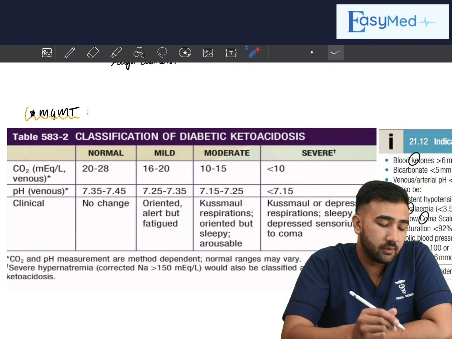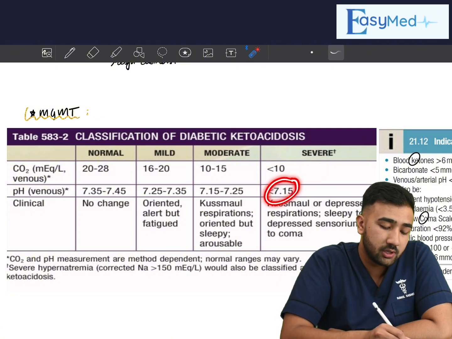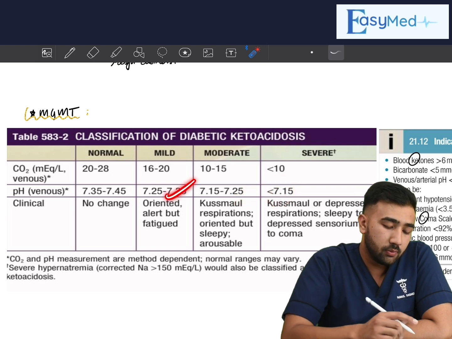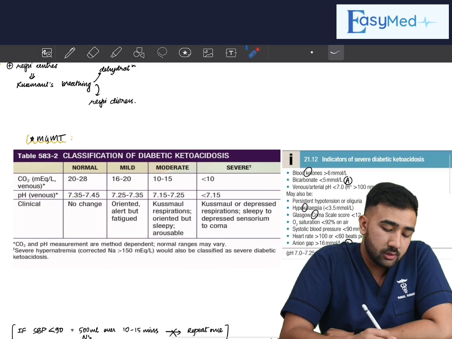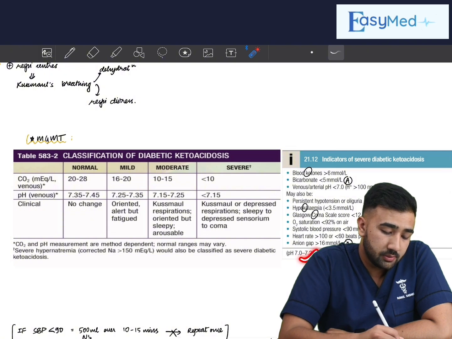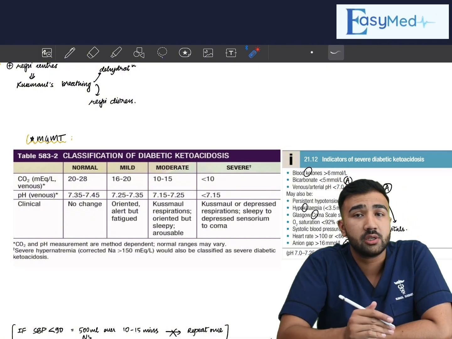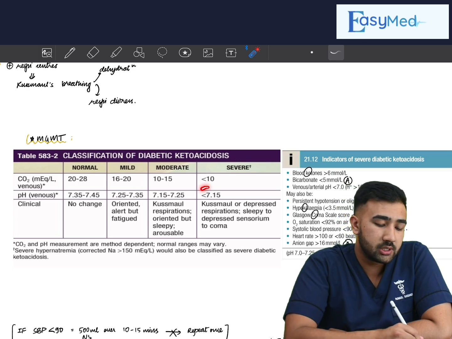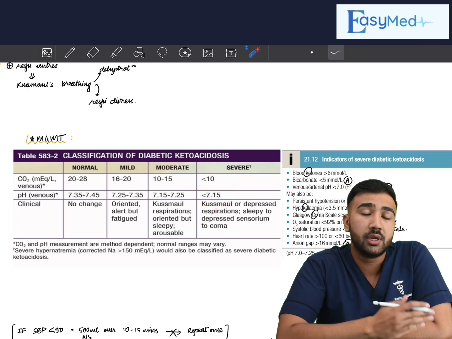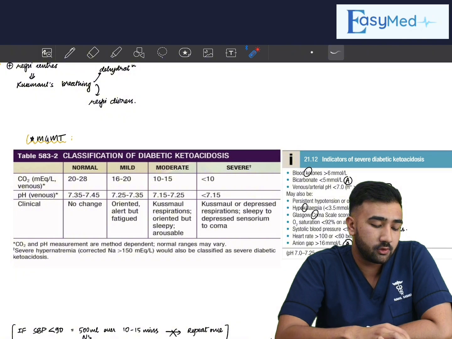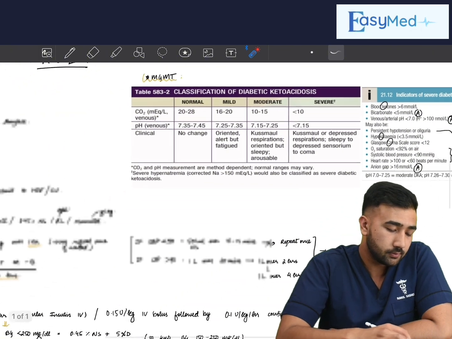According to Nelson, if the pH is less than 7.15 it is severe, 7.15 to 7.25 moderate, and more than 7.25 is mild. So these are similar, but in Davidson, pH less than 7 is considered severe, while in Nelson it is less than 7.15. So pediatric and adult populations have to be classified accordingly.